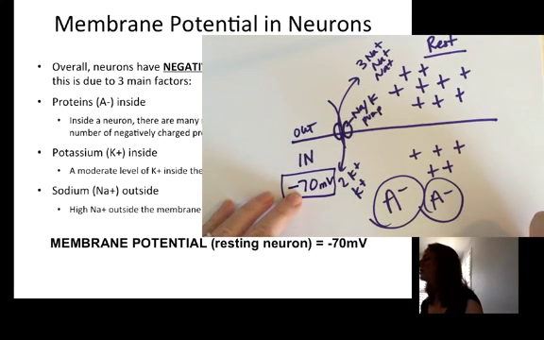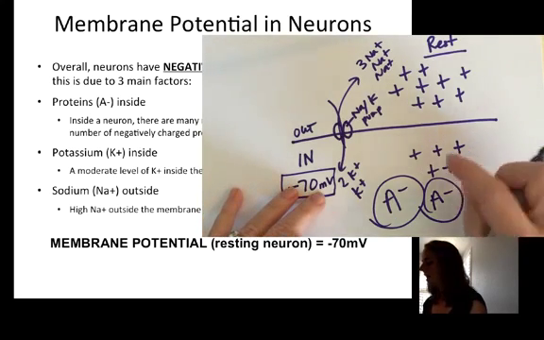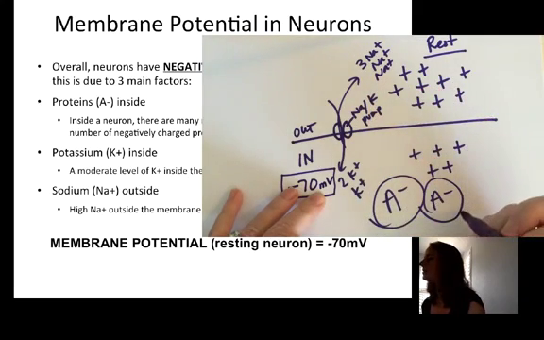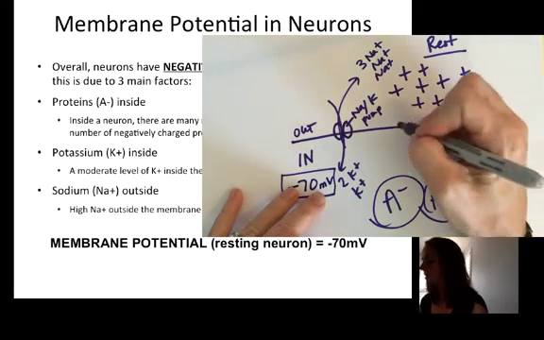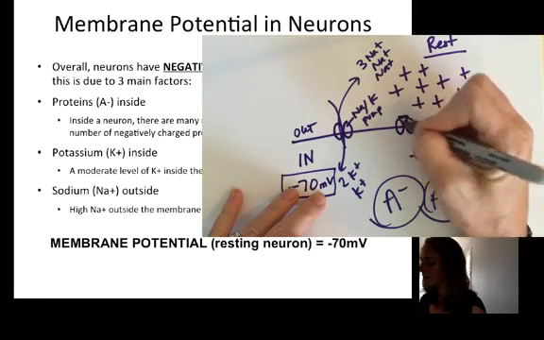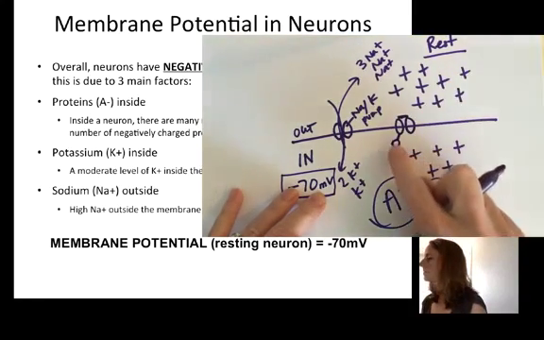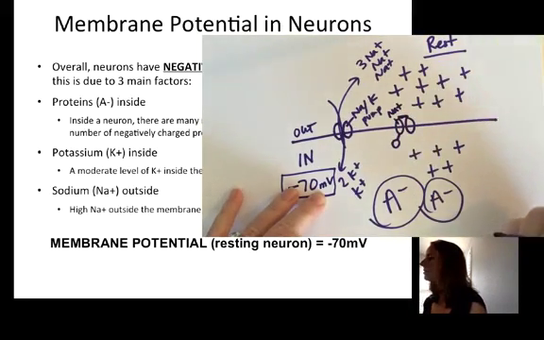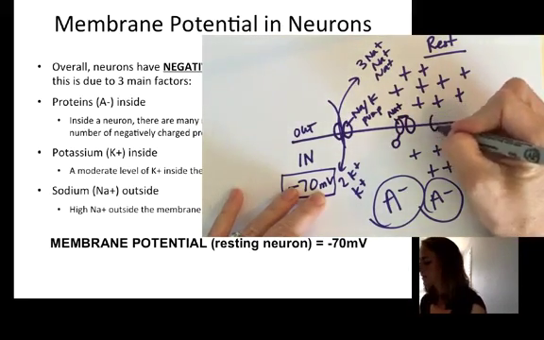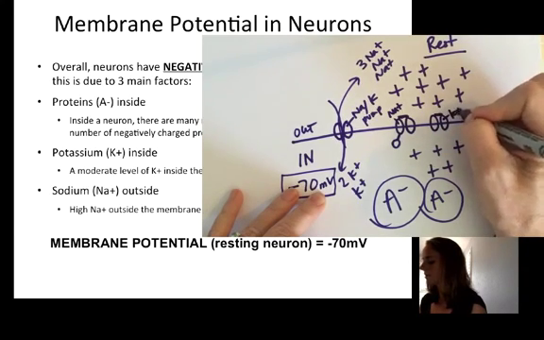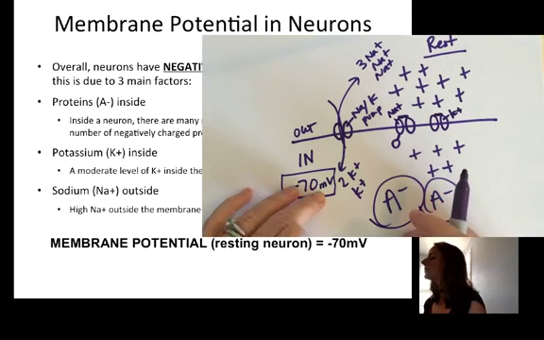So this is the situation in a resting neuron. And these ions, the potassium ions and the sodium ions, generally are not able to change because we have sodium channels that are closed and potassium channels that are closed.